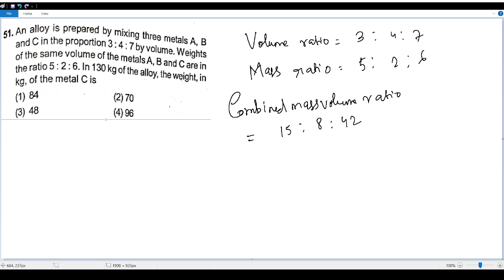In 130 kg of the alloy, the weight in kg of the metal C. So this is for metal C. So 42 divided by the sum of the ratio into 130. Why did we multiply volume and mass? We multiplied volume and mass to combine both the ratios. And we are taking 42, since it has been asked for the part of metal C. So 42 divided by the sum of the ratio into 130 kg. Please solve this.